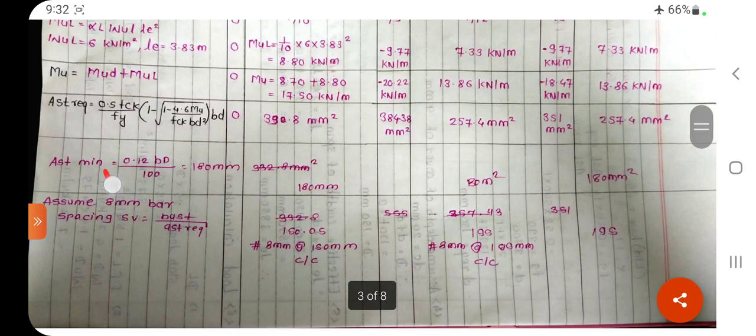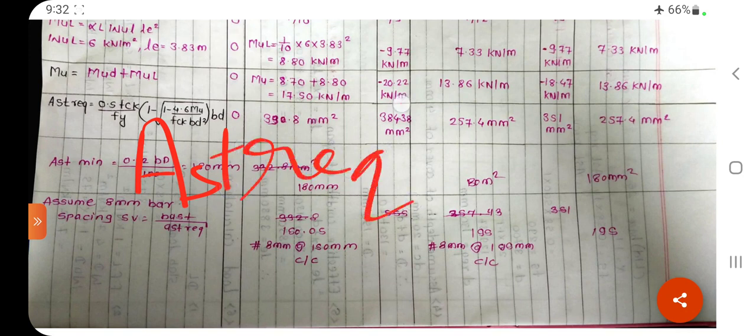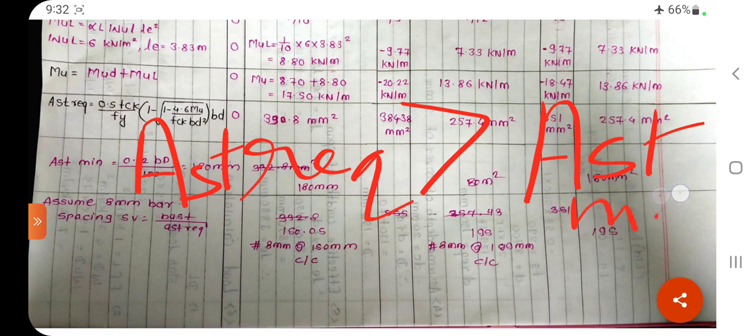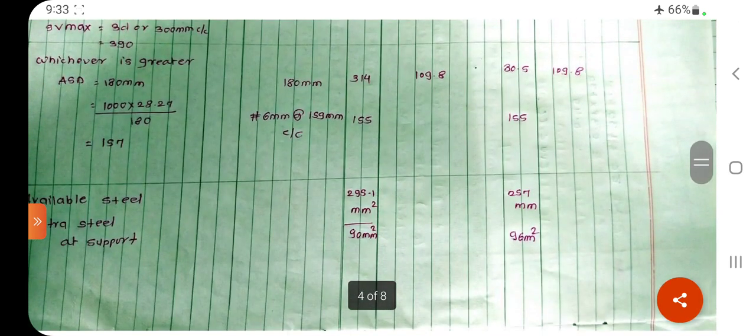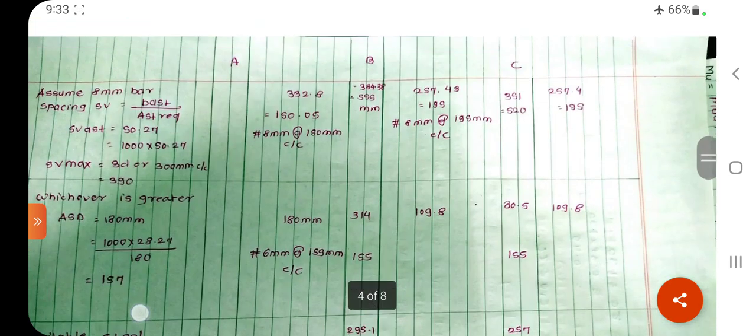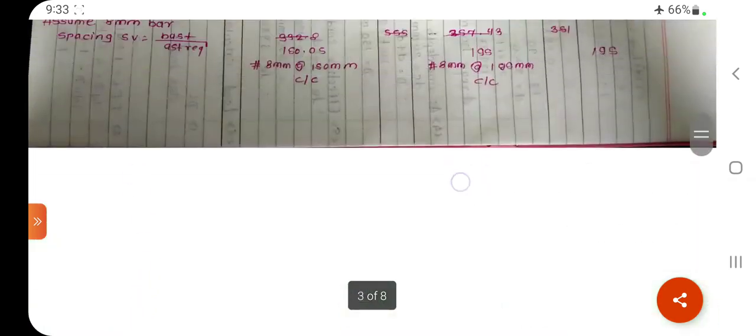Here it is 0.12 bD, it is 180 mm square. Now as our AST required is greater than AST minimum, which is 180 mm square, our previous check is satisfied.